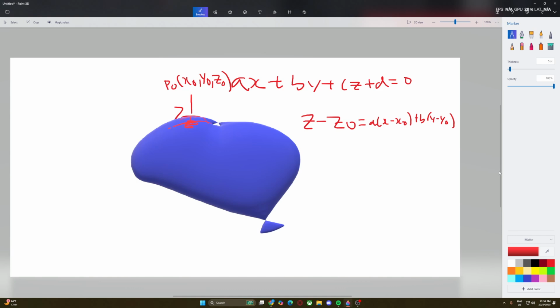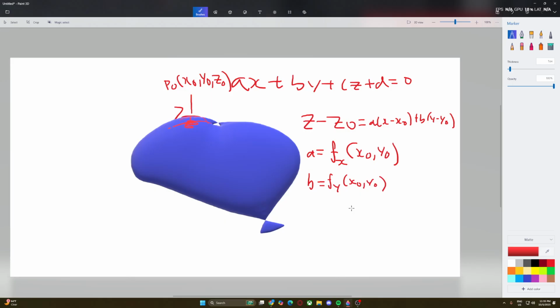Why it's important is because a equals fx, which I've shown you in previous videos, that's the partial derivative at x0, y0, and b equals fy at x0, y0.